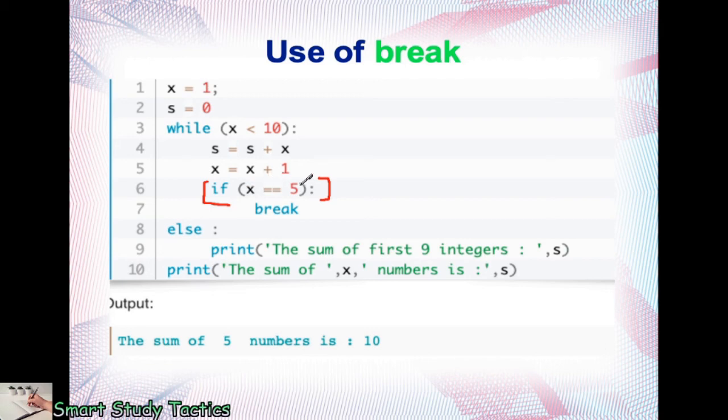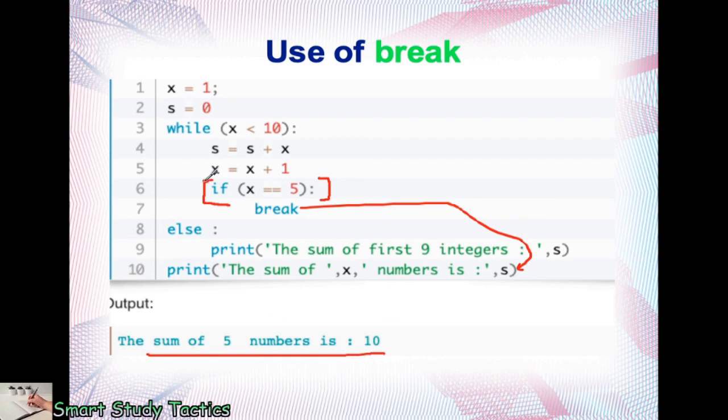When it reaches 5, it will say break. When it gets the break, it will jump to this line and print "the sum of 5 numbers is" this. Okay, the sum of 5 numbers, here is the output, you will get this.